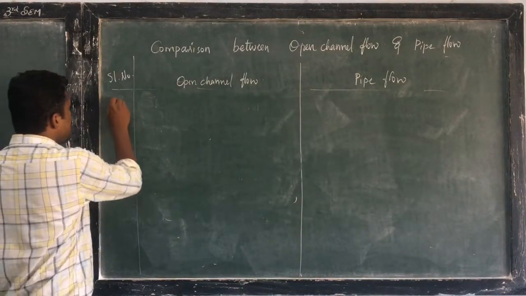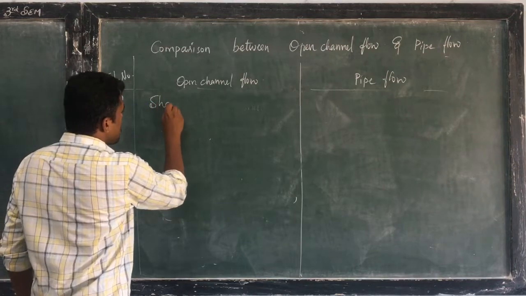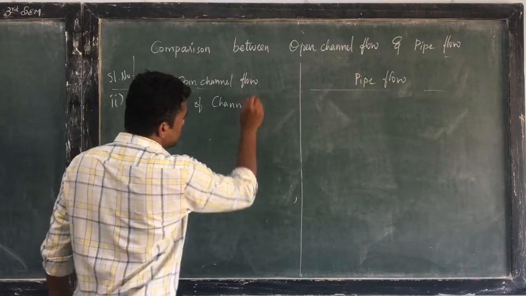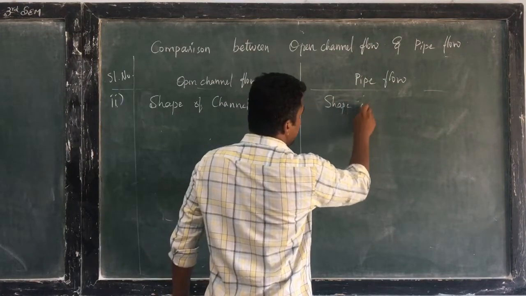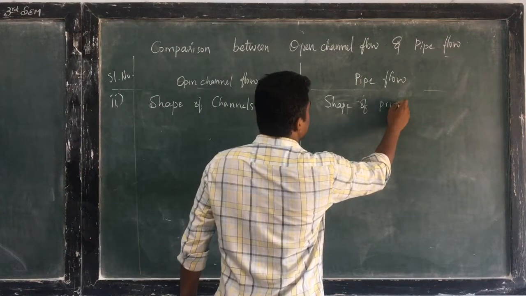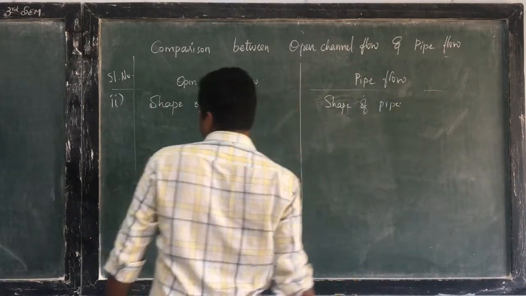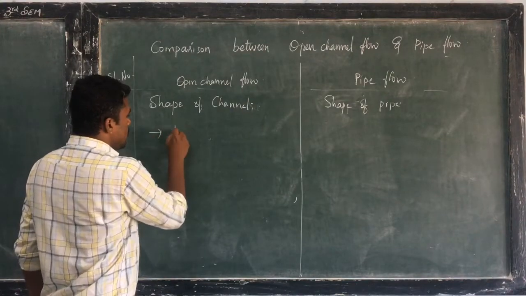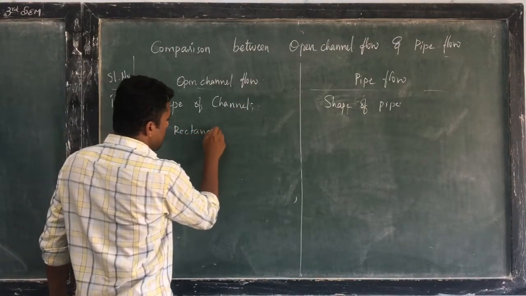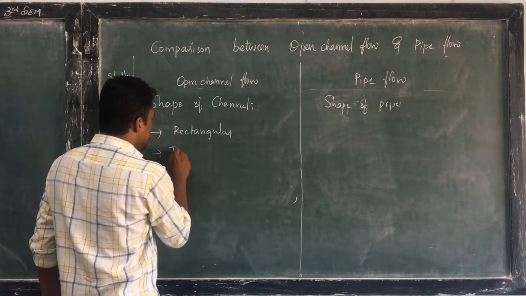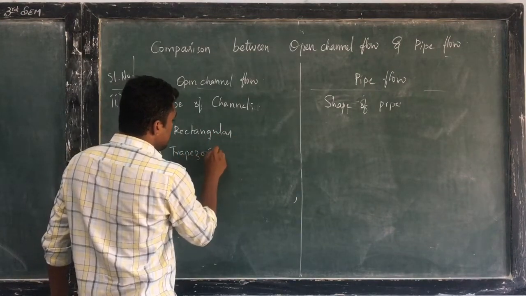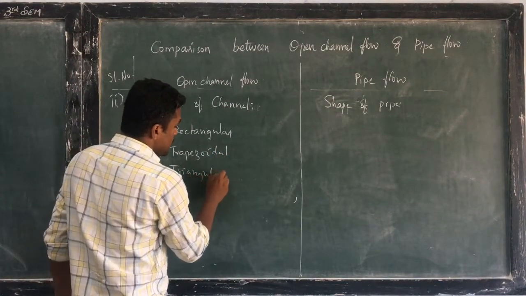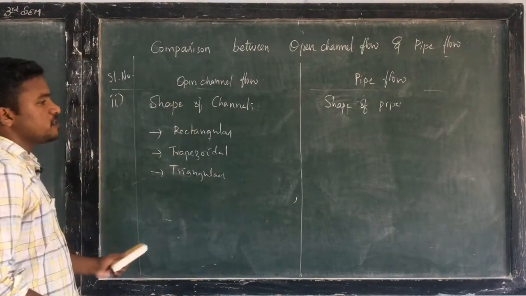The third one is the shape of the channel and the shape of the pipe section. For the shape of the channel, we have rectangular, trapezoidal, triangular, semicircle, and circular with partially running.